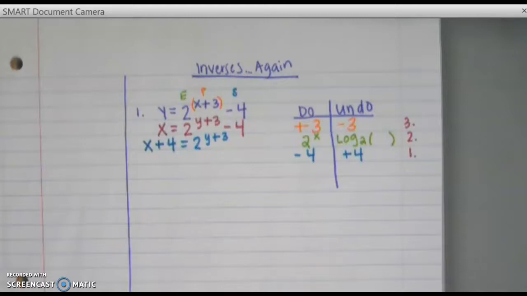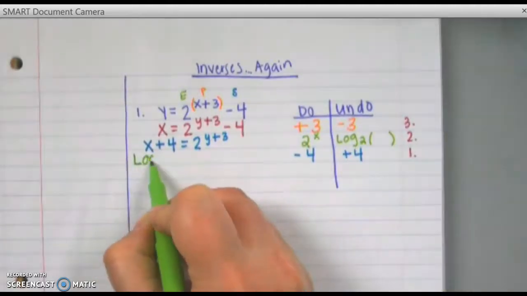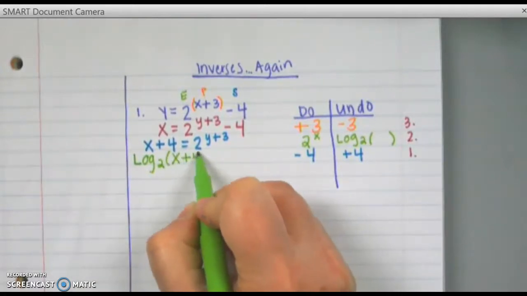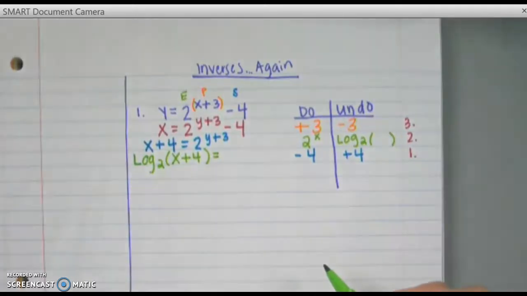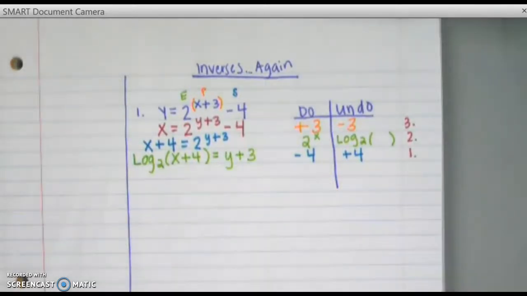From here, I'm going to do my log. Log with a base of 2, the x plus 4 is what's going on the inside, and this side still says y plus 3. But the 2 that was on the right is gone. That step takes the y plus 3 and brings it down.